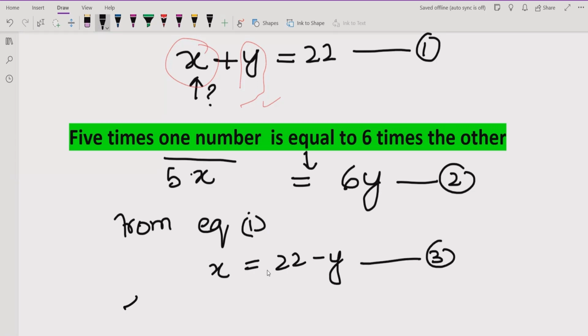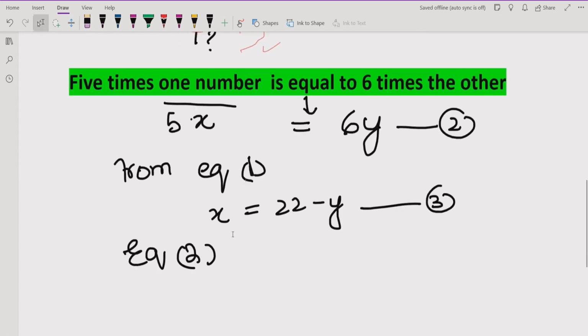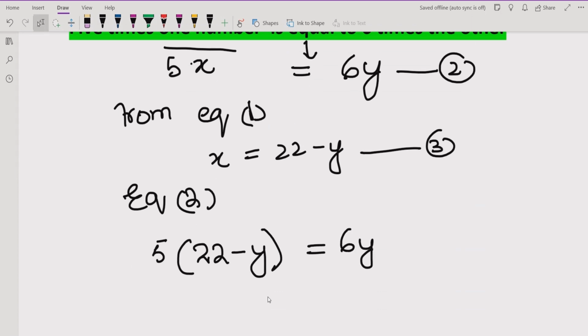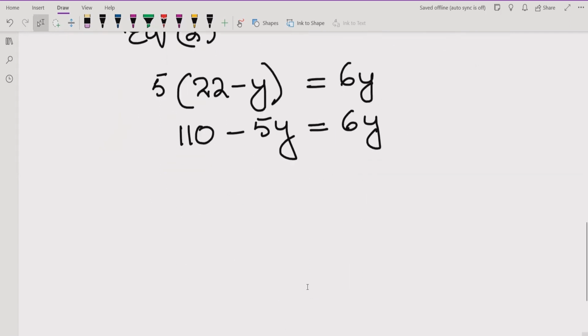Now we put this value of x into equation 2, such that 5 multiplied by bracket 22 minus y equals 6y. Now we multiply first: 5 multiplied by 22 equals 110, minus 5y equals 6y.